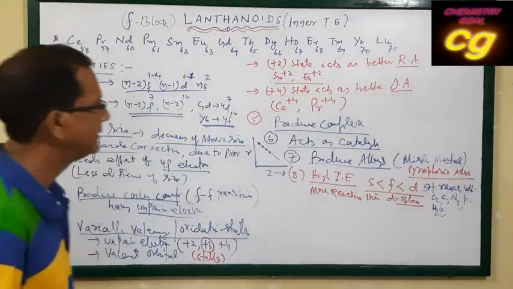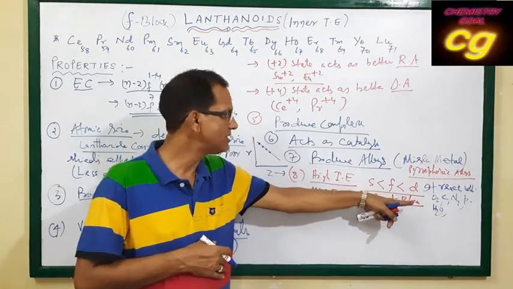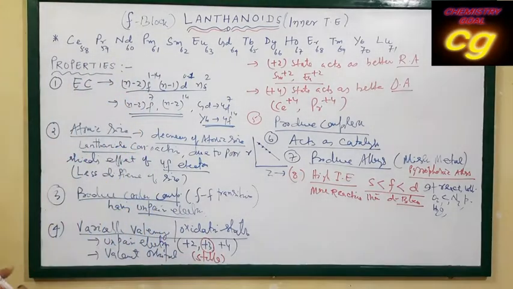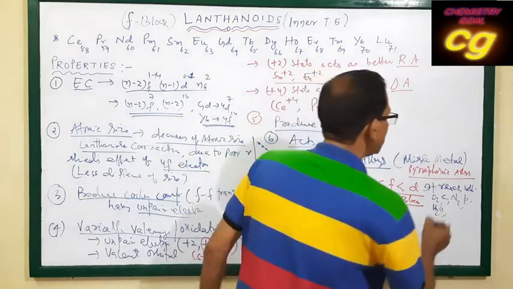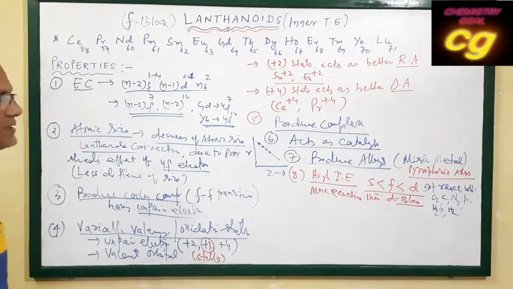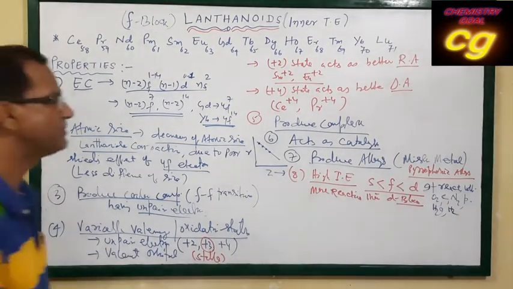Due to high reactivity compared to transition elements, they produce different compounds with elements like oxygen, carbon, nitrogen, hydrogen. It produces hydrides, nitrides, carbides, and with water it also produces hydrogen gas.